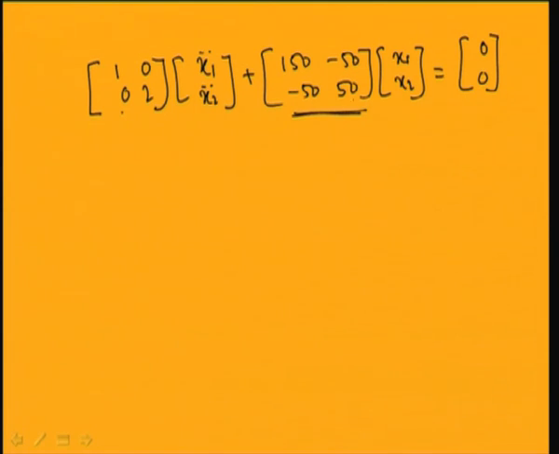To find the normal modes, we can assume the solution x to be in the form of x sin omega t. So, I can write the A matrix equal to M inverse K. M inverse K will be equal to 150, minus 50, minus 25, and 25.